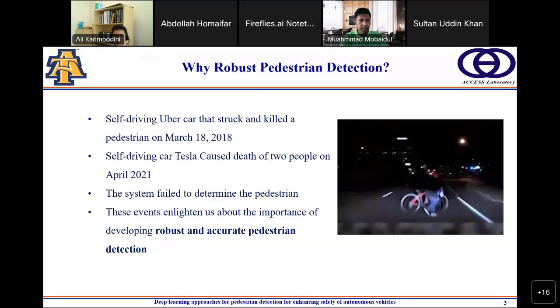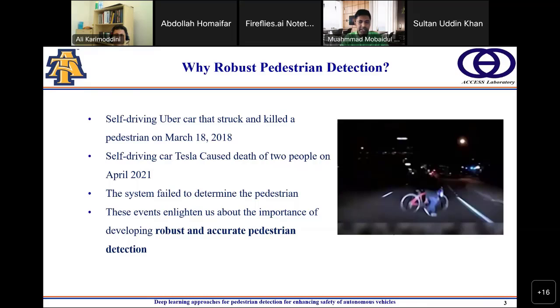Now let's see some incidents that influence us to detect pedestrians robustly. We cited some examples of failure cases of autonomous vehicles in detecting a pedestrian. On March 18, 2018, an Uber self-driving vehicle struck and killed a 49-year-old woman. The system could not determine whether it was a pedestrian, vehicle, or bicycle.